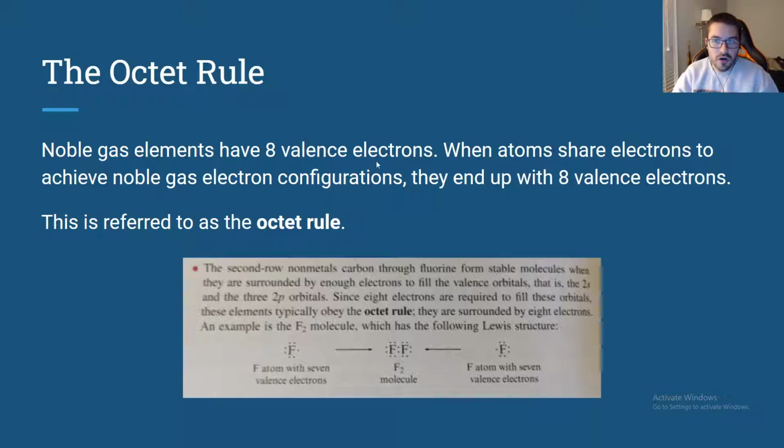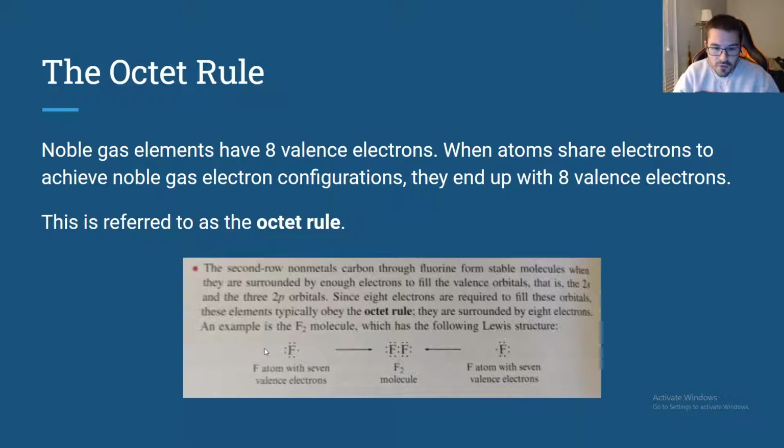When atoms share electrons in a covalently bonded molecule to achieve noble gas electron configurations, they end up with 8 valence electrons. This concept is referred to as the octet rule. Okay, so octet means 8, and so the rule about atoms ending up with 8 valence electrons in a molecule is called the octet rule.